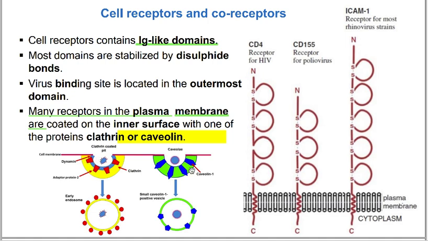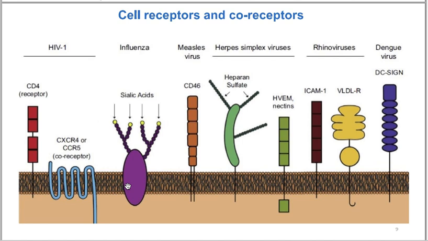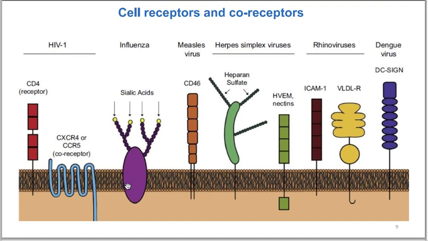In the case of caveolin protein, they can produce a cave-like pit, so that the virus can be engulfed in the host cell. Those are two important parts. We will study details in the next part. So those are the co-receptors or receptors expressed by the host cell for different purposes, but viruses use those receptors to enter into the host cell.